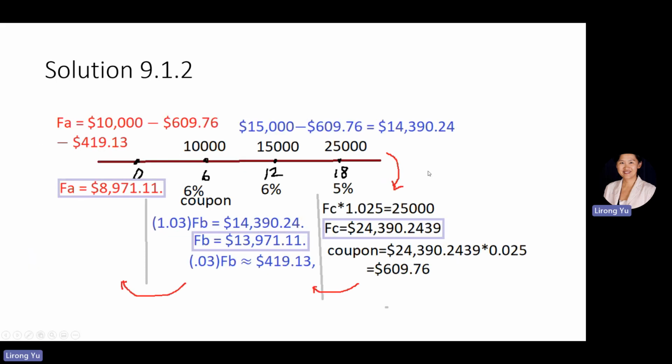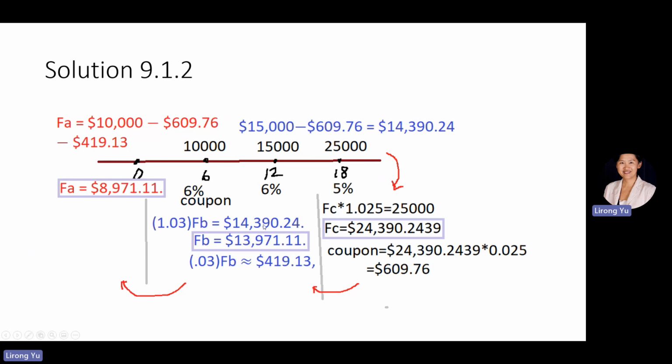After the subtraction, this is the cash flow for the 12 months bond. We divide both sides by 1.03, and we have the face value, which is 13,971.11. So that's how much of the 12 months bond we are supposed to buy, the face value FB.